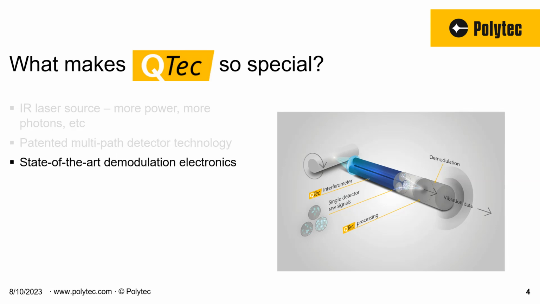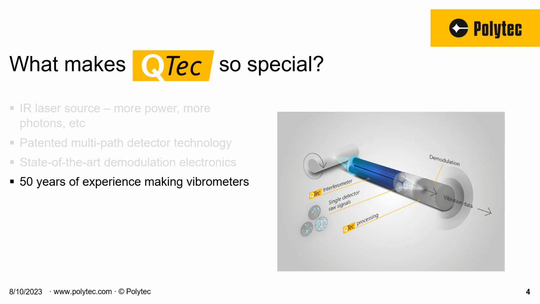And of course, with this advanced technology also goes advanced demodulation techniques to be able to do parallel processing, and so the electronics that go with it. And finally, it's the Polytec factor. We've been doing it for 50 years now, so I guess we have gotten good at it over time. So this is the reason. This is what makes QTec so special.